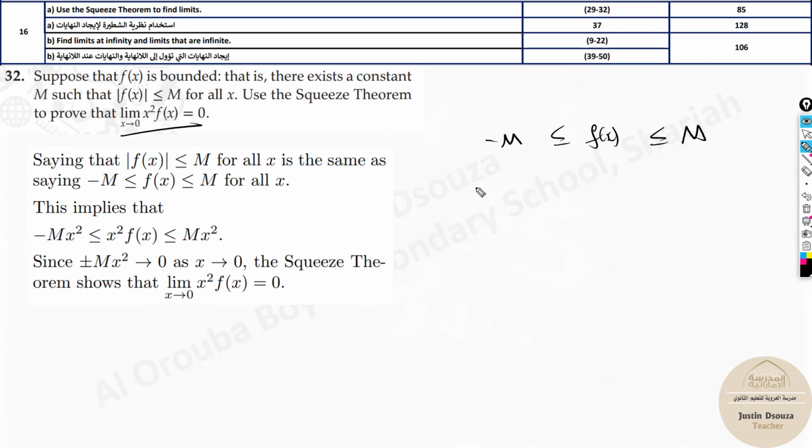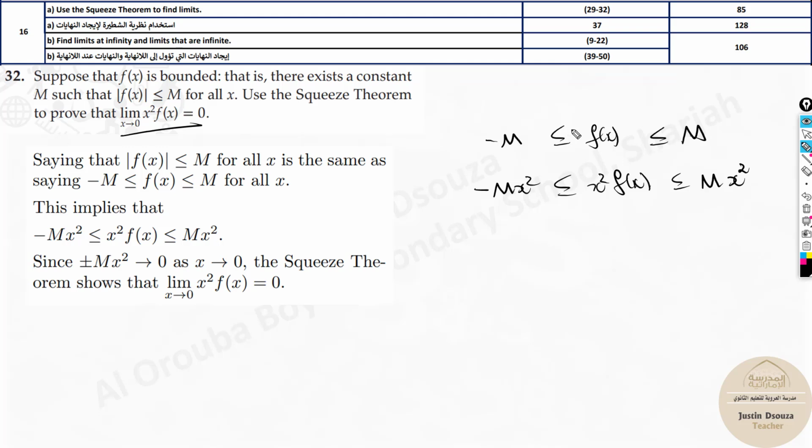So if you multiply x squared, it will be minus m x squared less than or equal to x squared f of x less than or equal to m x squared. I'm writing this m first because it's the constant. It's just a number like 2, 3, 4, or 1, minus 1, plus 1. If this is 1, this is also 1, but it will be only a sign difference.